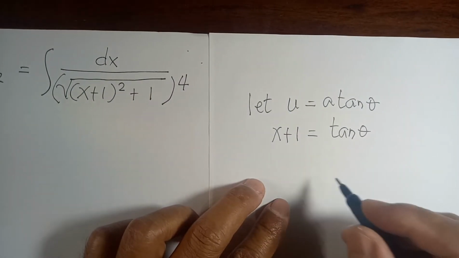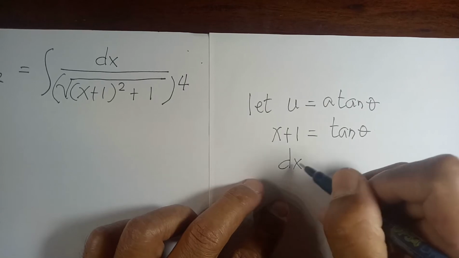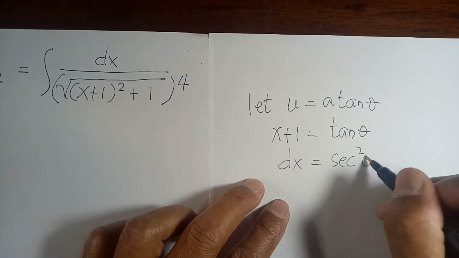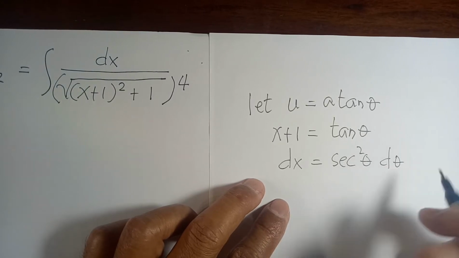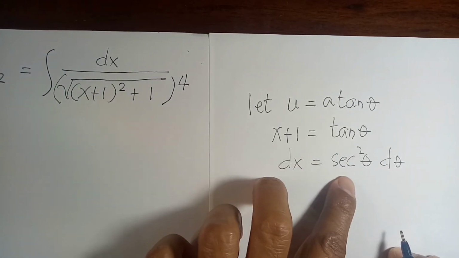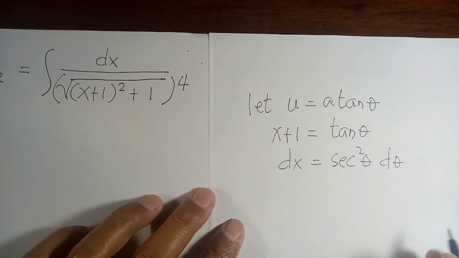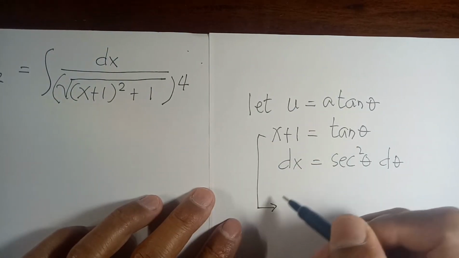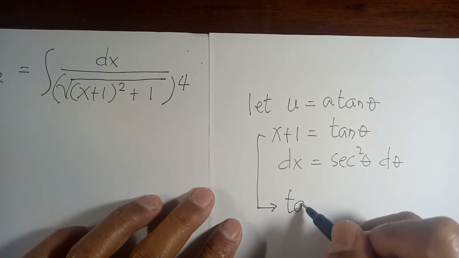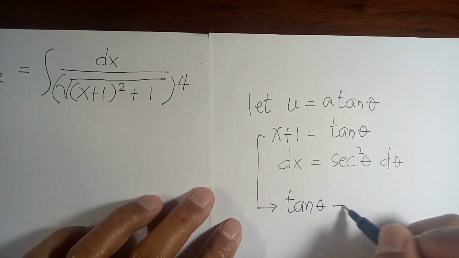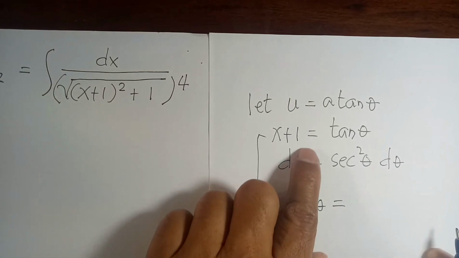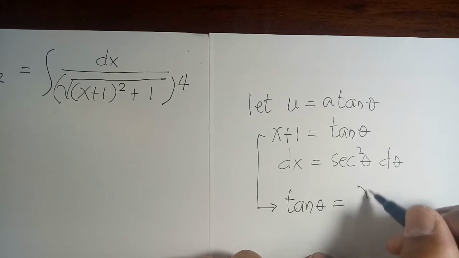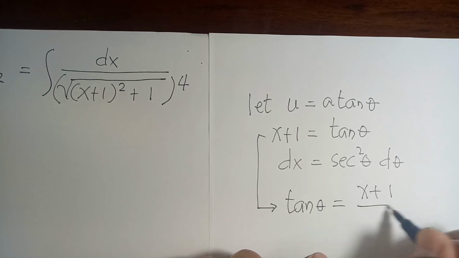Tapos kukuha tayo ng derivative. Dx equals secant squared theta d theta. So ang derivative ng tangent ay secant squared of theta d theta. Tapos dito, no? Solve natin yung tangent of theta. So, or tangent theta na equal to x plus 1 ay x plus 1 divided by 1.